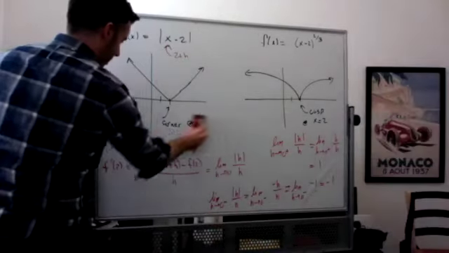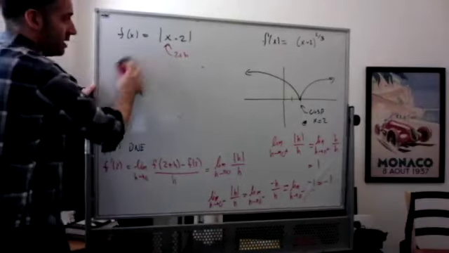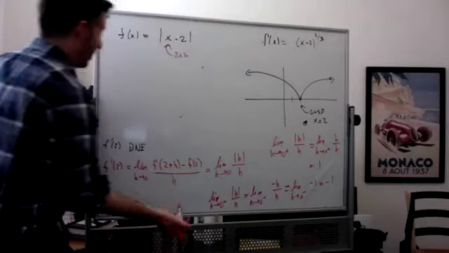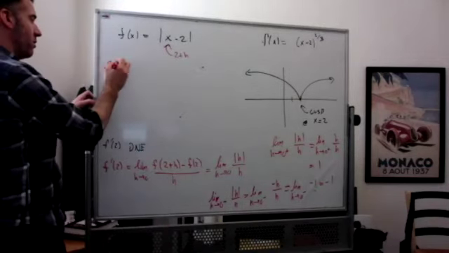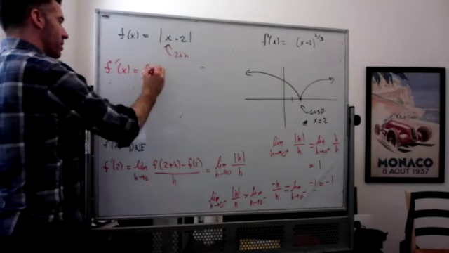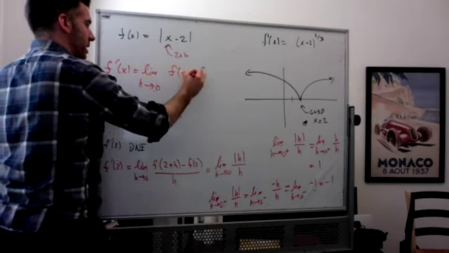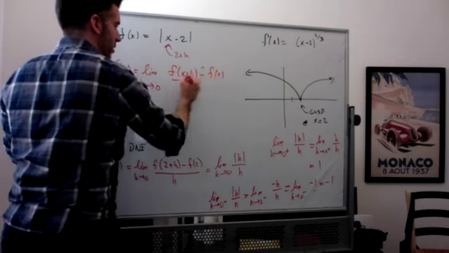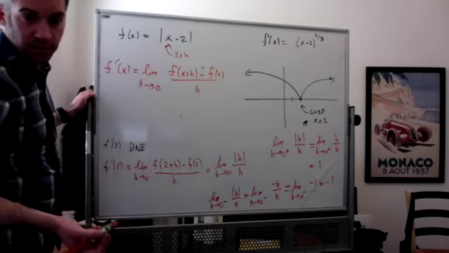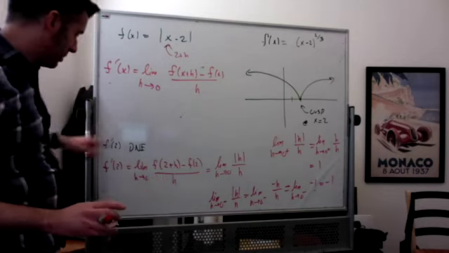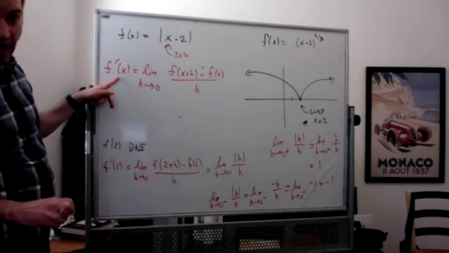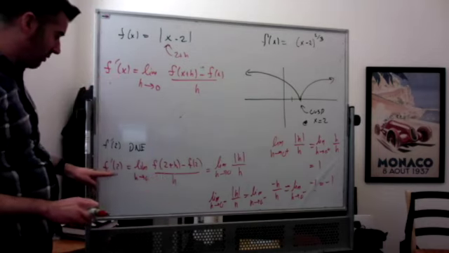h is like my delta x. If I was trying to find the derivative in general, the derivative would be the limit as h goes to 0 of f of x plus h minus f of x, all over h. It's just that in this particular example, instead of doing f prime of x, we were doing f prime of 2.